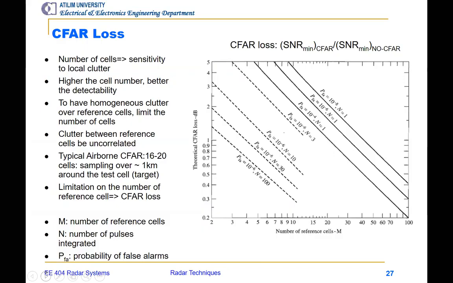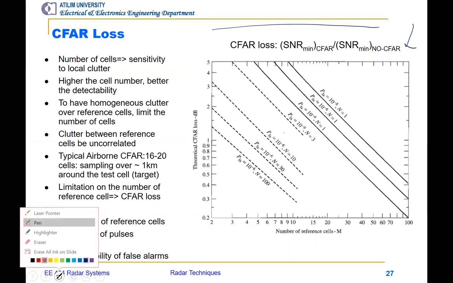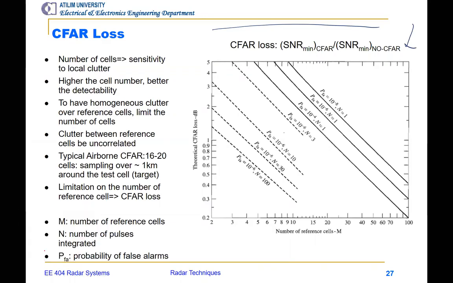And on this graph here, we see how CFAR loss is varying with the number of reference cells, let's say M here. But of course, the number of pulses that we would like to integrate, and also probability of false alarm will be important.